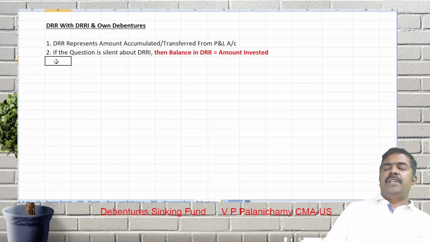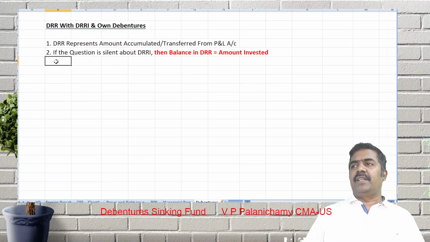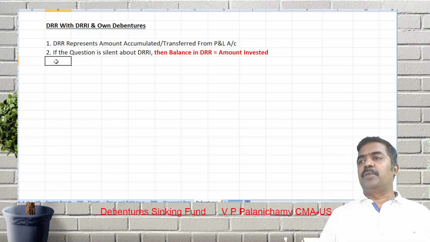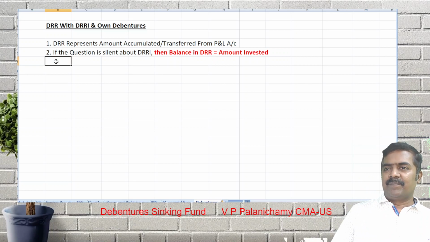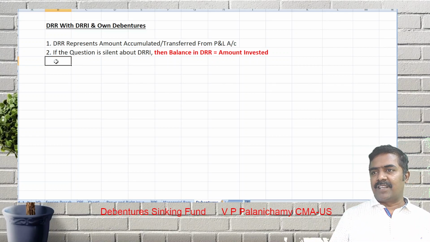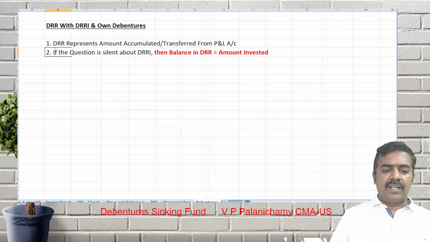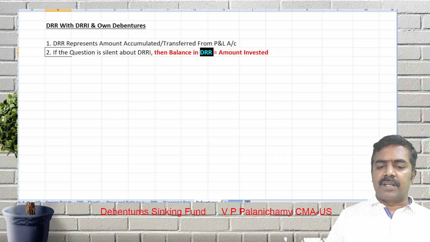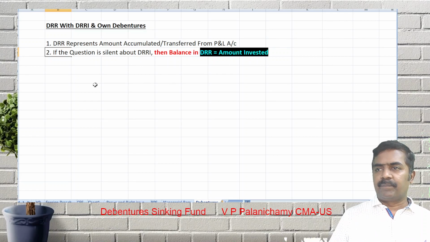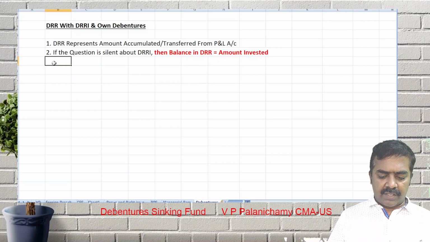For example, they have mentioned only about debenture redemption reserve, but not how much is invested. How much is invested now? The 15% on the annual investments and the accumulated balance is only a minimum balance. The actual amount can be higher. So if the question is silent about debenture redemption reserve investment, then whatever is the balance in debenture redemption reserve, we can take it as the amount invested. Next, number 3.